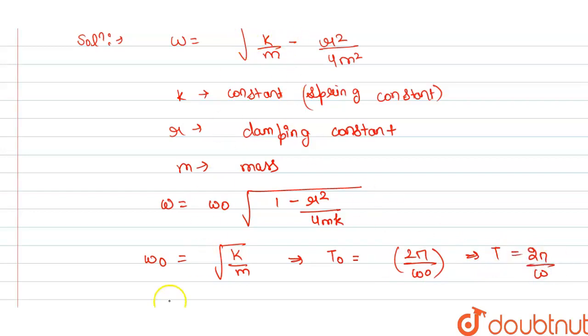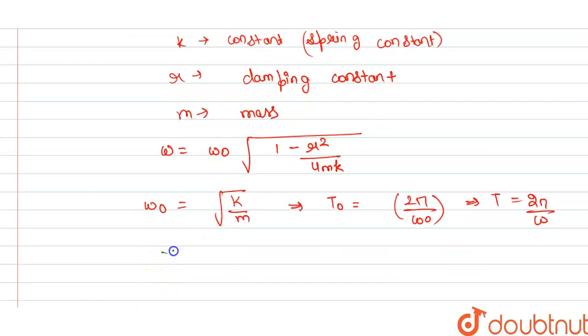So we have T equals T0 times 1 over under root of 1 minus r square divided by 4 times m and k.